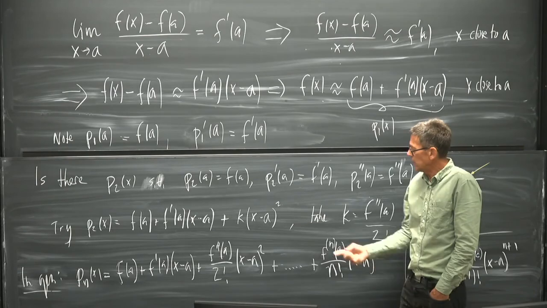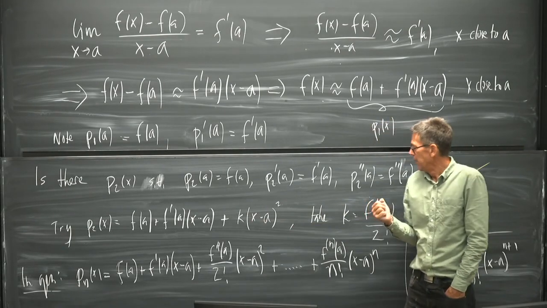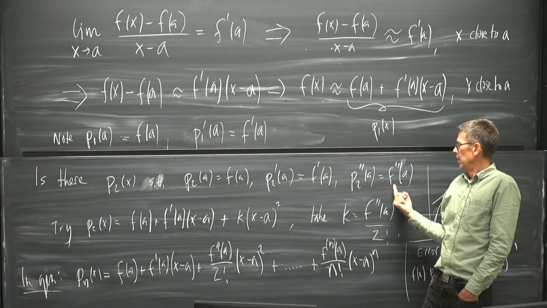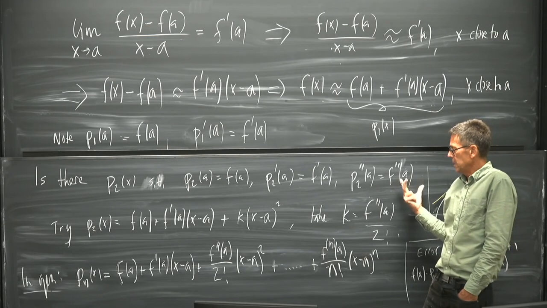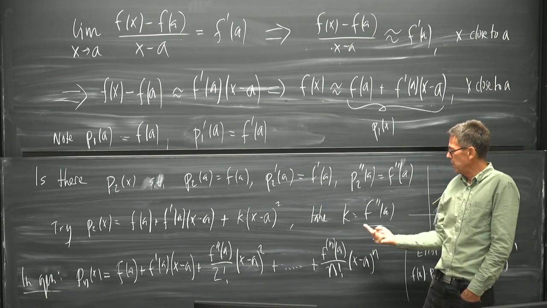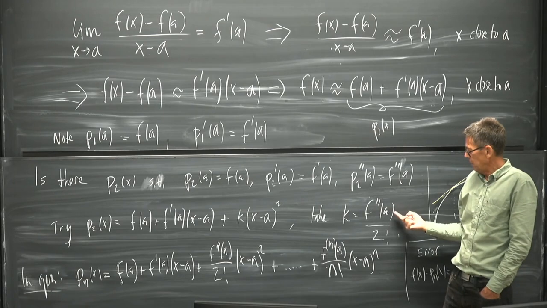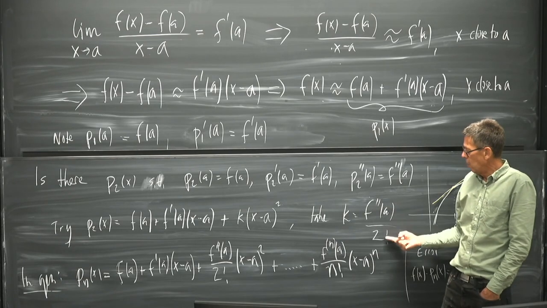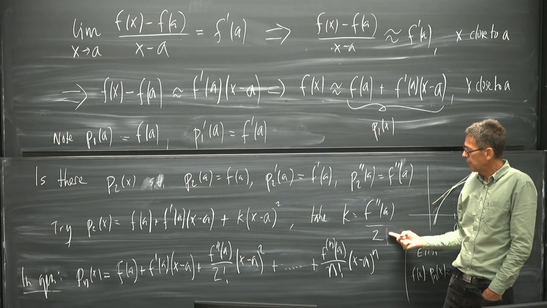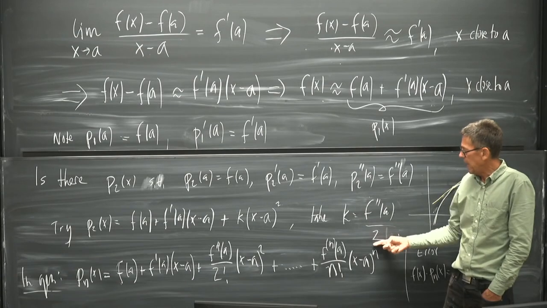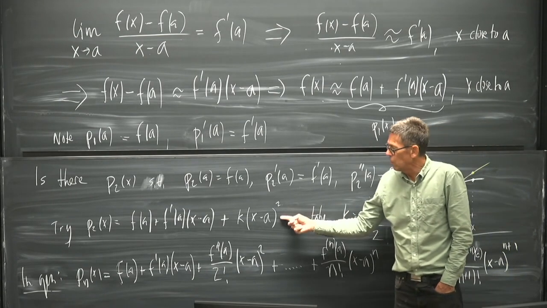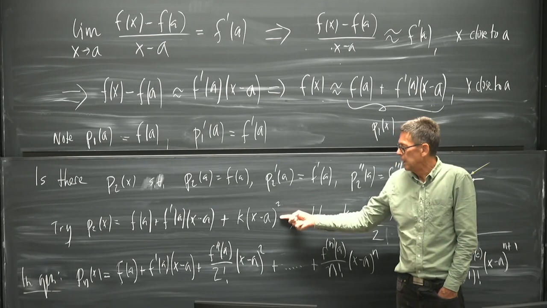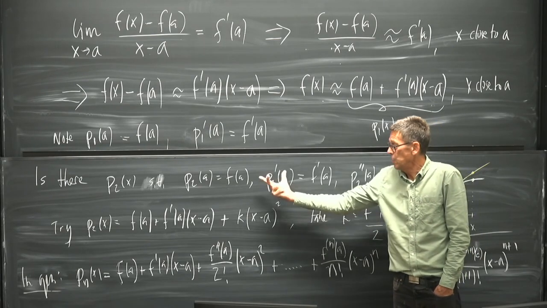And we want 2k then to be equal to the second derivative of f at a. But this tells us that we should choose k to be the number second derivative of f at a over 2. Right? So if we choose k like this, then we get a second degree polynomial that has these properties.